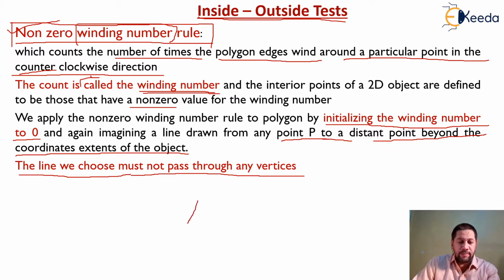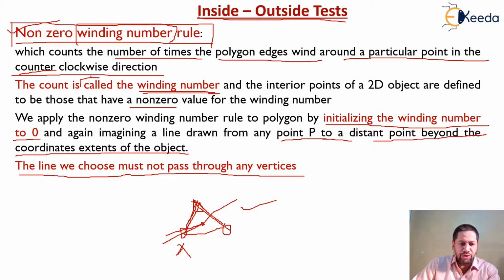For example, suppose this is my triangle, and it has these vertex points. This is one vertex, this is another vertex, and this is another vertex. Suppose this is my point P. If the line passes through here, this is correct. But if it passes exactly through the vertex, from this particular point, then it is not allowed.